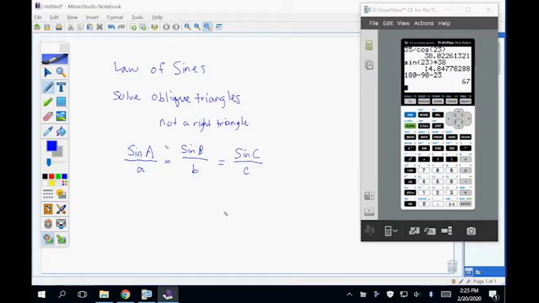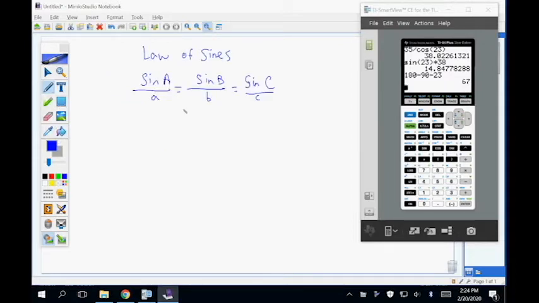So if you have two angles, you put your angles in, you put your one side in, and then you solve for the missing side. Let's say we're given a triangle that's not a right triangle.